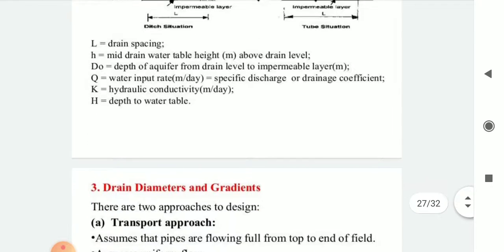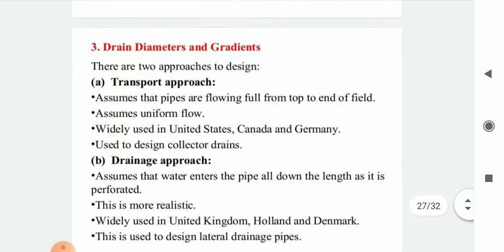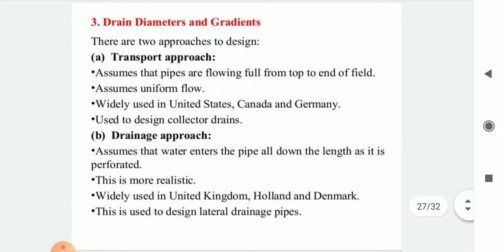Then third, drain diameter and gradients. There are two approaches to design: first, the transport approach, and second, the drainage approach. In the transport approach, we assume that pipes are flowing full from top to end of field. It assumes uniform flow, is widely used in the United States, Canada and Germany, and is used to design collector drains.